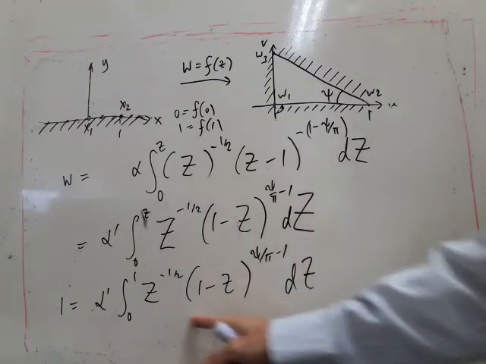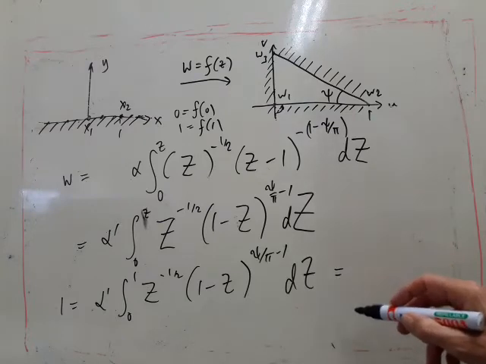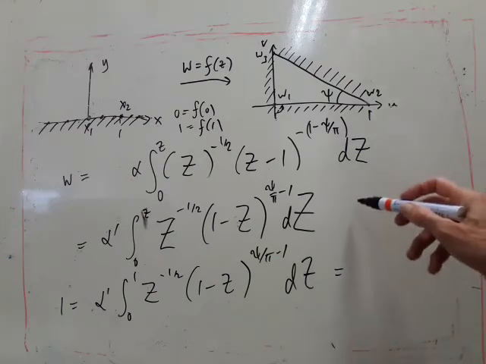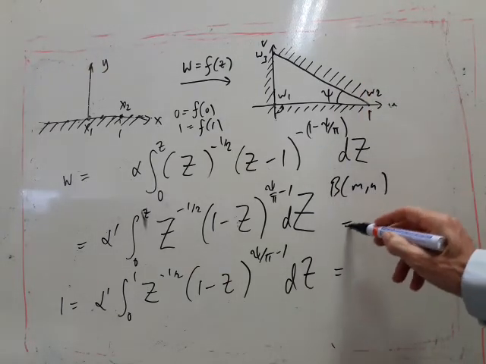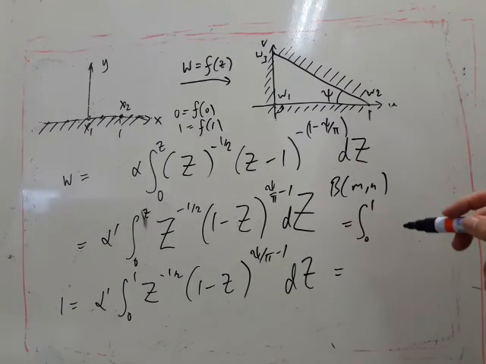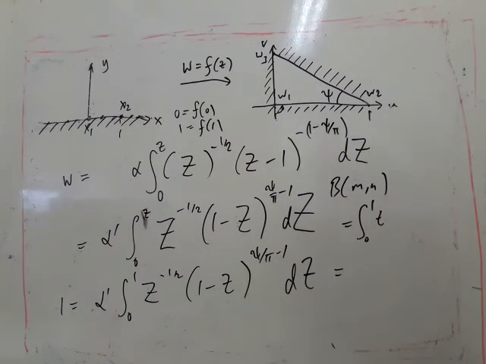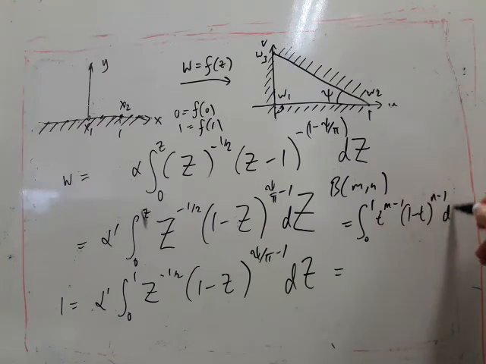Now this happens to be a known integral. It turns out that it can be written in terms of what's known as the beta function. If you haven't seen the beta function before, then don't worry too much. Just to give you a definition: there are many different definitions, but one is that the integral of t to the power m minus 1 times 1 minus t to the power n minus 1 dt is equal to B of m, n.